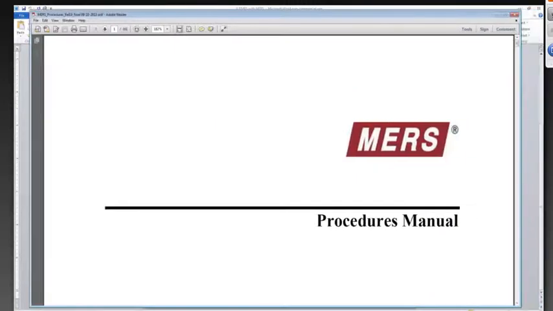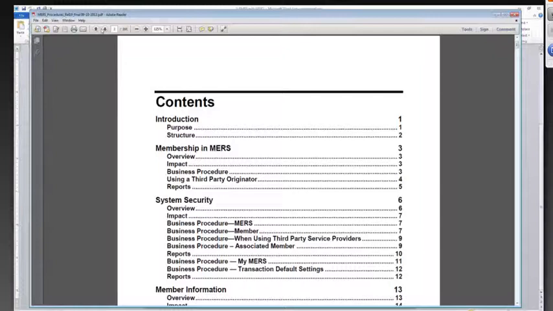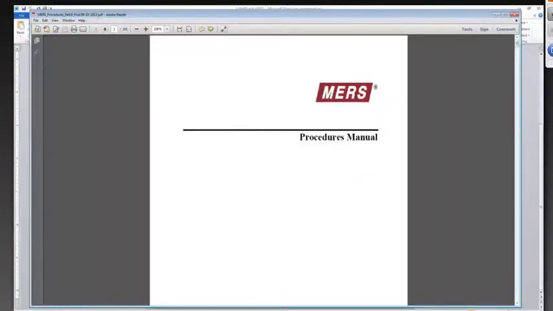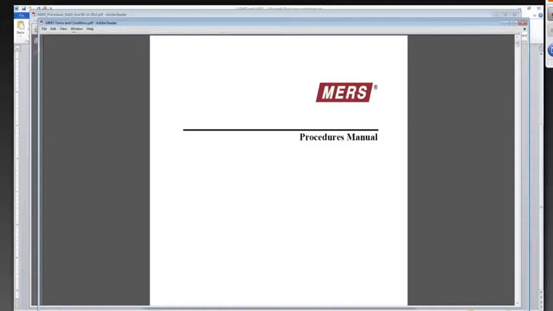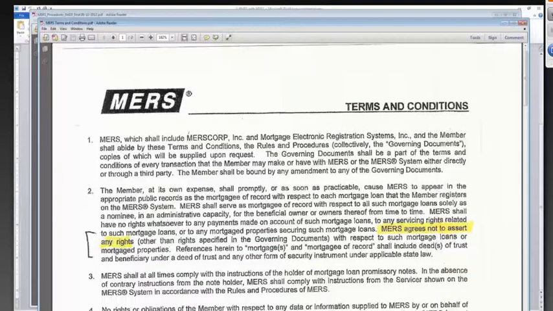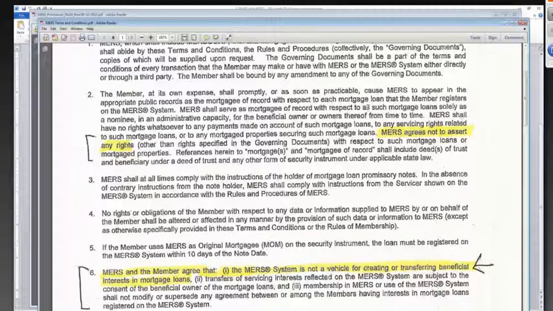Give me 1 second for this to open up and populate. Okay, so here's my source. Here's one of my sources. All right, so we're going to go to the MERS Procedures Manual. Okay. I don't mean to jump around, I just want to show you where the information is coming from. Okay, and then MERS is also, okay. This is under MERS Terms and Conditions.